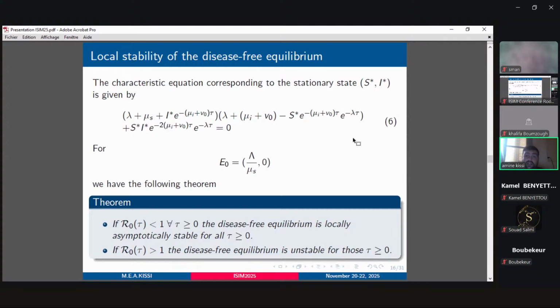So, using the theorem or the method of Cooke and Grossman, we only need the sign of this eigenvalue. So we prove that if R0 of τ is less than 1, all the eigenvalues are negative. And if it is greater than 1, there exists an eigenvalue with a positive real part. So if R0 of τ is less than 1, the disease-free equilibrium is locally asymptotically stable. And if it is not, the disease-free equilibrium is unstable.